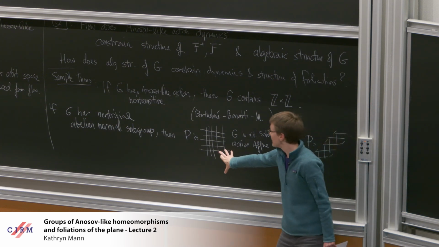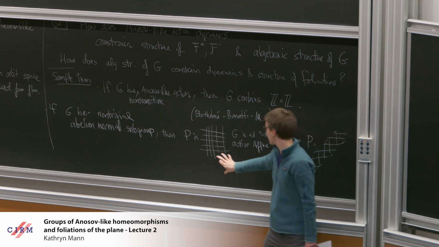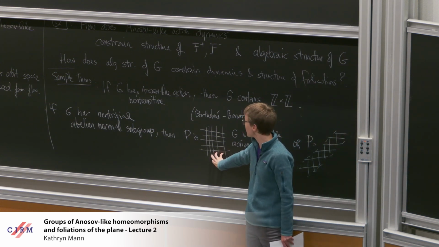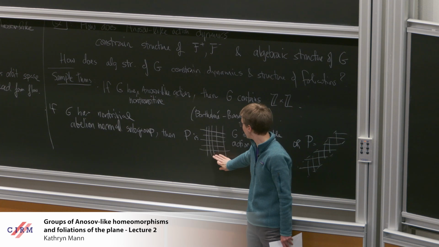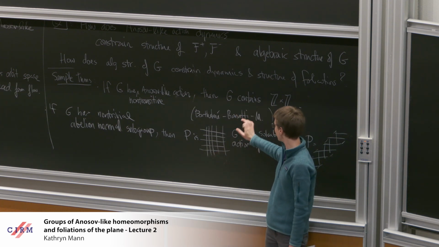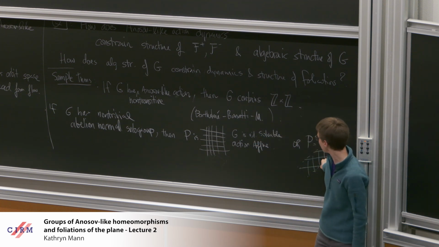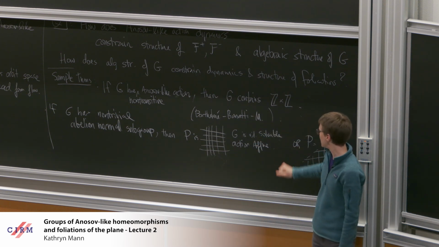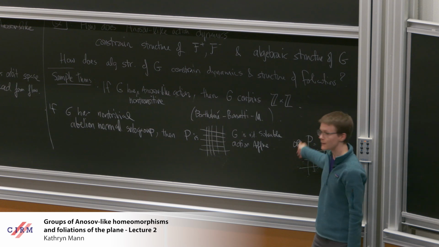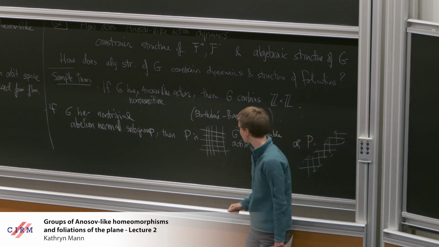So this recovers from this perspective a version of a theorem of Plante about rigidity of Anosov flows on three manifolds with solvable fundamental group, and the results of Ghys on rigidity of Anosov flows on Seifert fibered spaces. You can translate this back up. Okay.